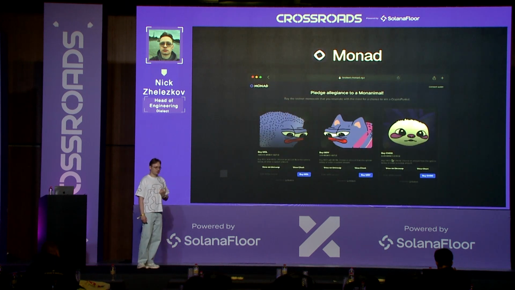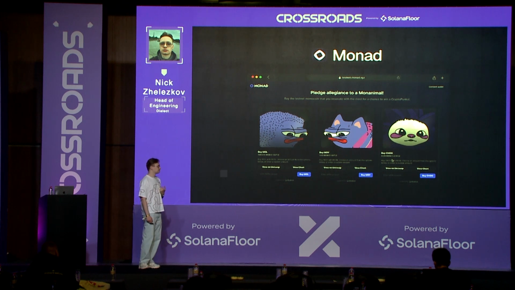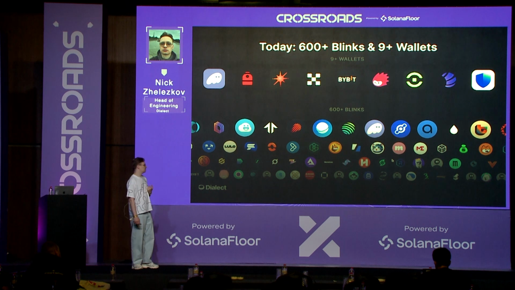Also, Blinks can teleport your experience to another chain as well. And currently we have more than 600 Blinks built by different partners and integrated in many major wallets. And with Blinks, you can ship faster because it's a simple experience, you can build it fast.